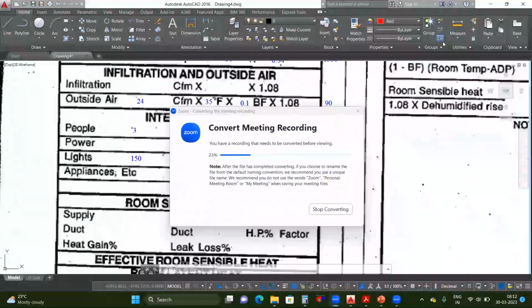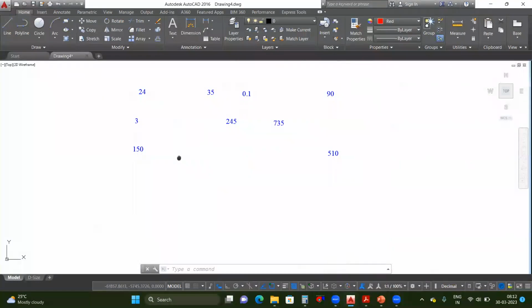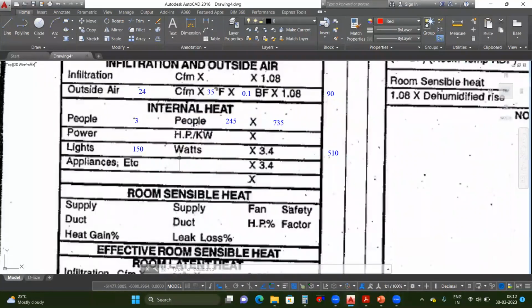So whenever we are designing any room or any air conditioning equipment, the equipment load is very important, so we need to consider it. Here, our office area is very small, and we have considered three members.